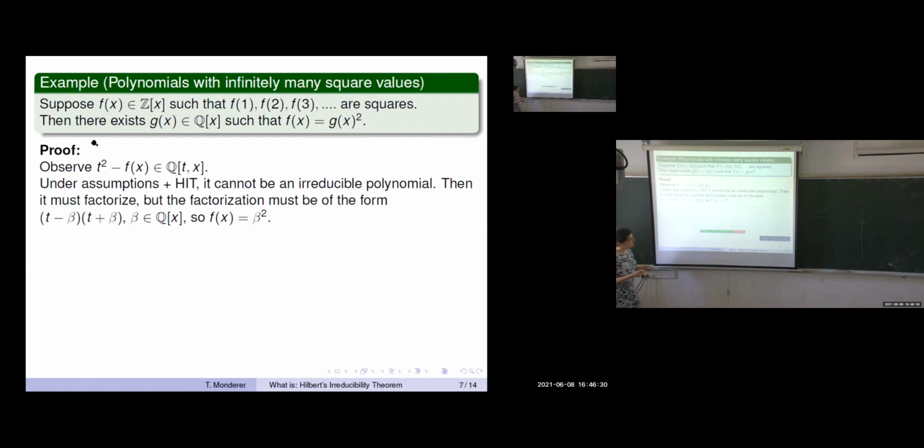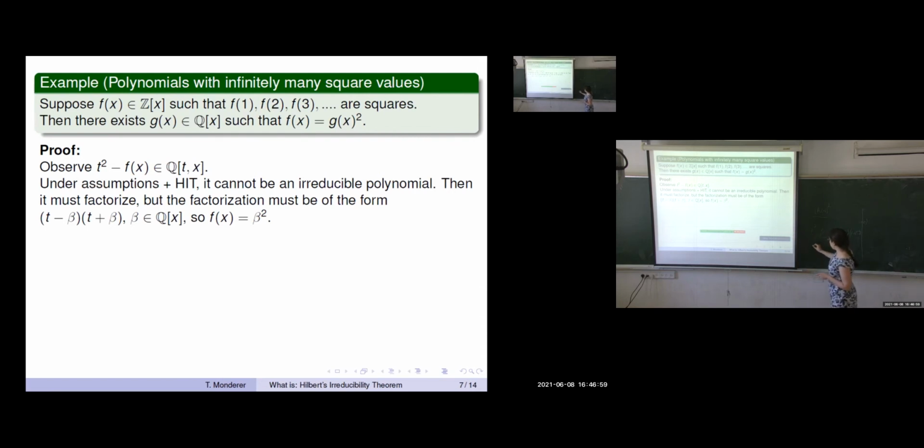But if we write something like t squared minus f of i, and we know that this is a square, then the polynomial splits. So in fact, we know that for all integer specializations, this polynomial is reducible. So the initial polynomial with the two variables had to be reducible.